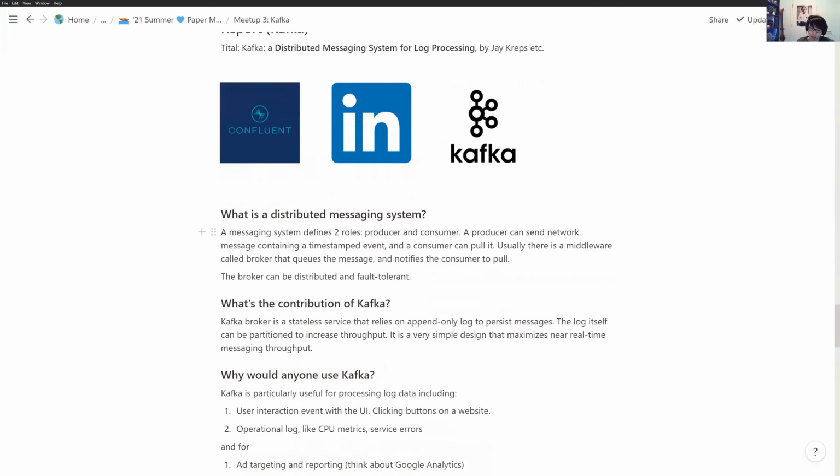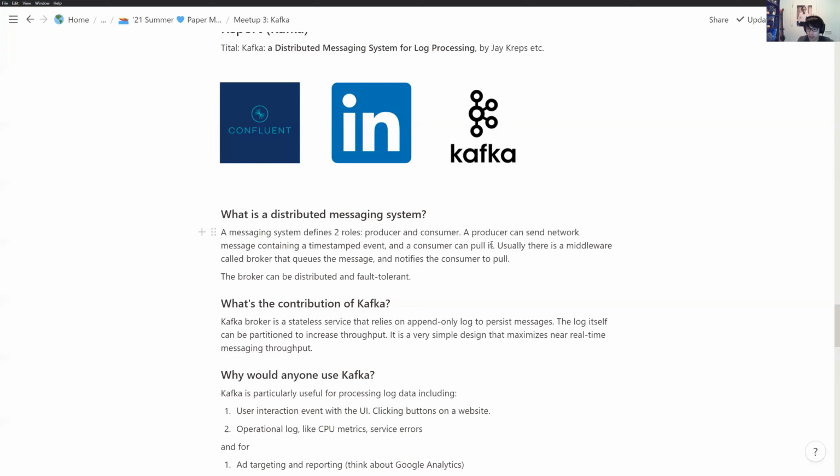So before we start talking about this paper, I just want to give you some background knowledge. So what is a distributed messaging system? A messaging system really defines just two roles: a producer and a consumer. The producer can send network messages containing a timestamped event. You can think of an event as a key value pair, and the consumer can fetch it or pull it.